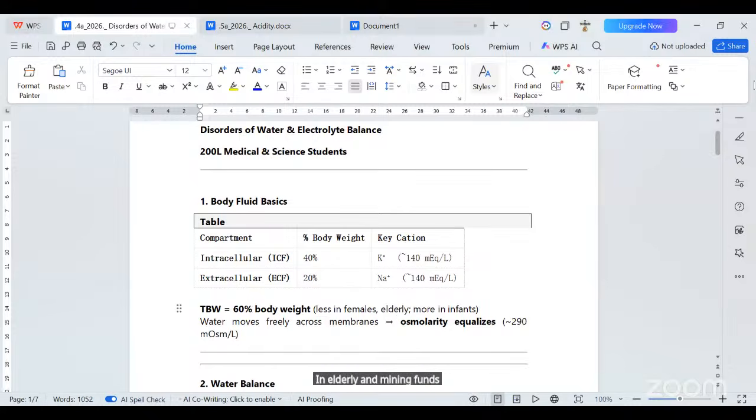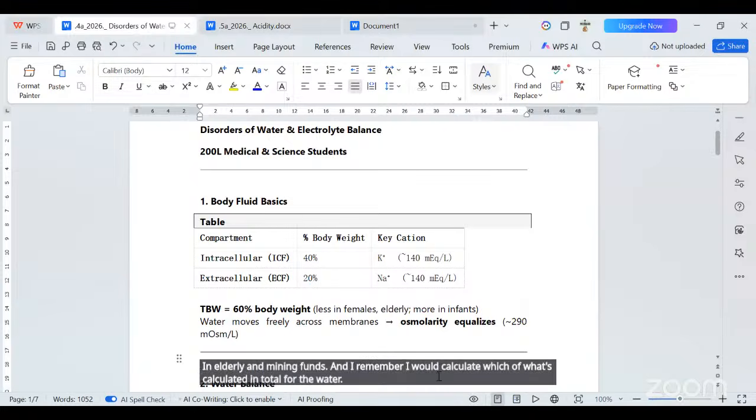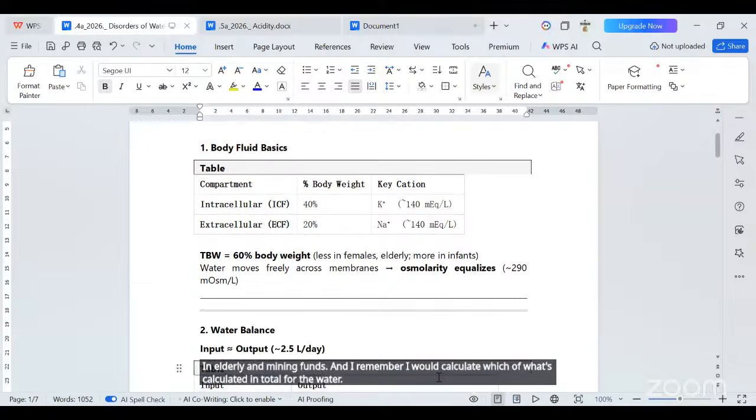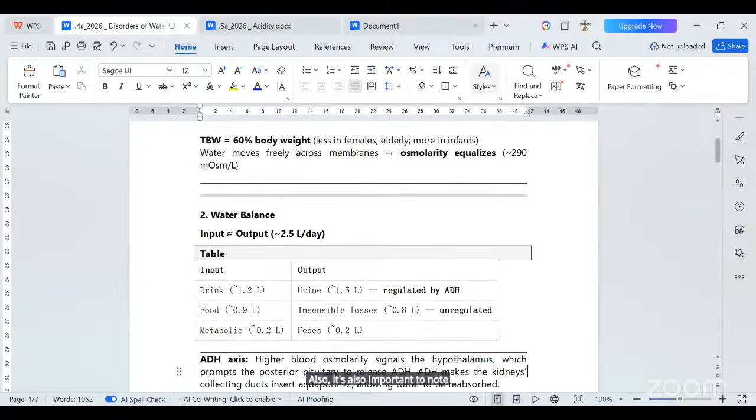And I remember each of us calculated total body water. It's also important to note that the water must be balanced in the body.